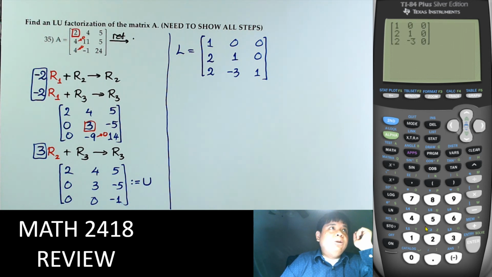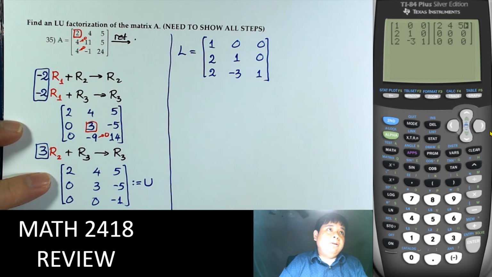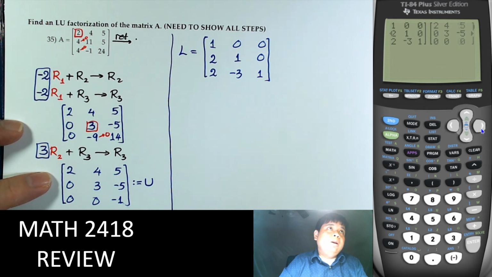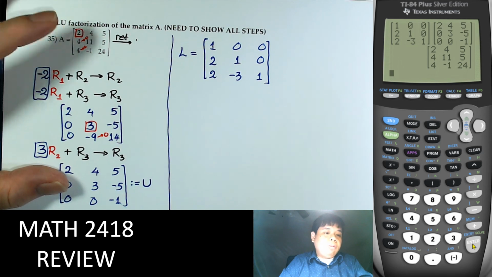So that is the L matrix. Now times the U matrix: 2, 4, 5, 3, negative 5, and negative 1. Right. So we get back to A.